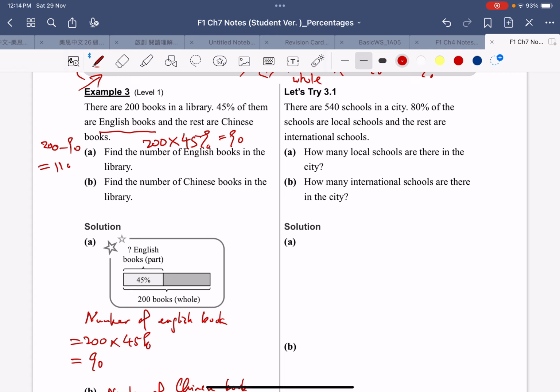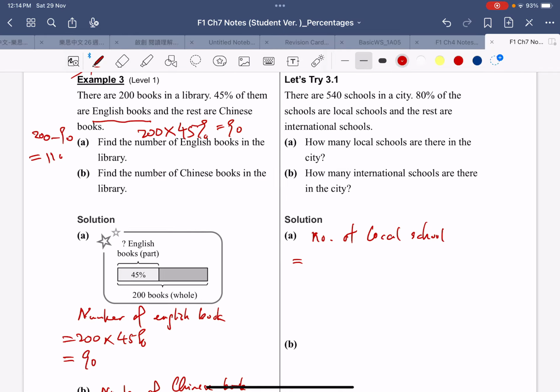So the number of local schools will be 540 times 80%, which will be equal to 432.